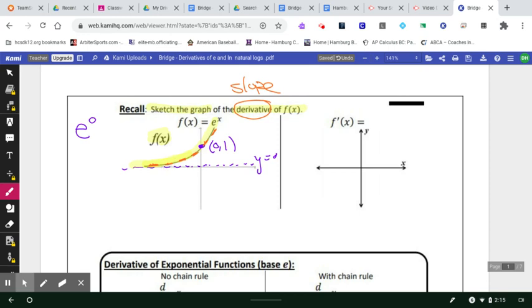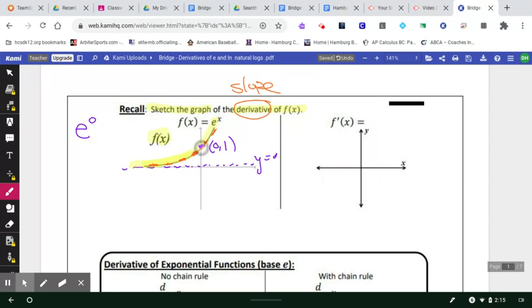Positive, negative, 0? Hopefully you're saying they're all positive, which tells me that this whole graph is going to sit above the x-axis. The derivative will sit above the x-axis because all of the slopes are positive; positive would be above the x-axis, negative would be below. So let's say we assign a value to this. Maybe you think this has a slope of 1/2.